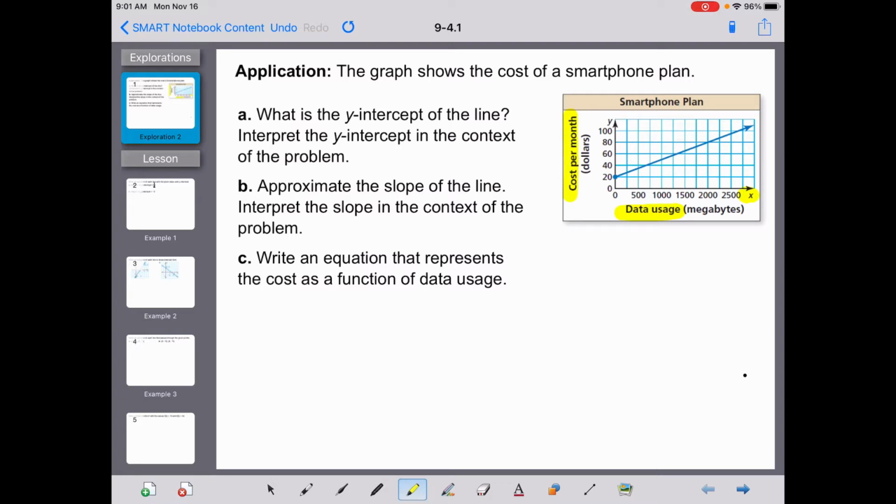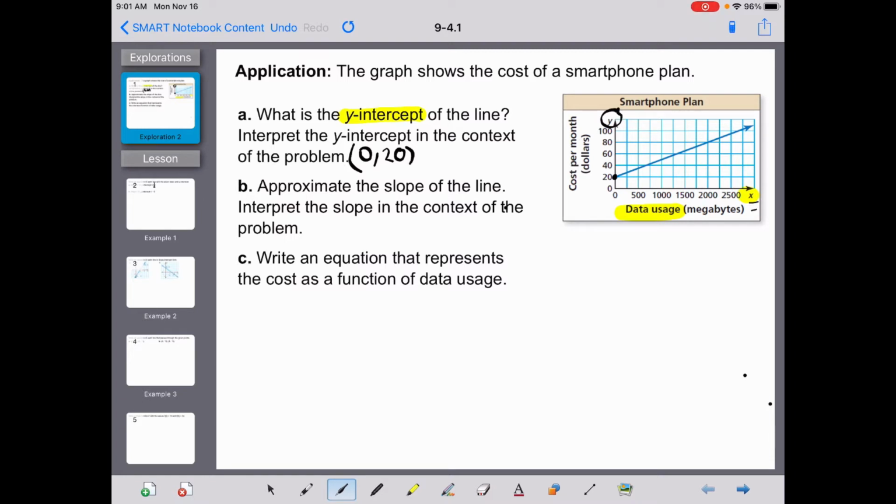What is the y-intercept of the graph? So remember, for the y-intercept, you want to look at the y-axis and ask yourself, where does my line touch the graph? My line touches at (0, 20), and therefore my y-intercept is (0, 20). What does that mean? Always ask yourself what each variable represents.